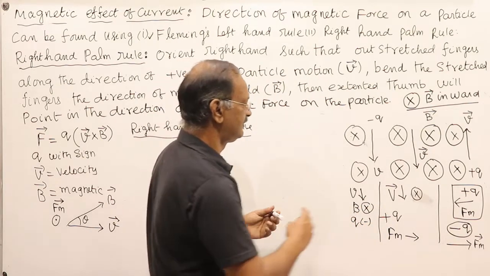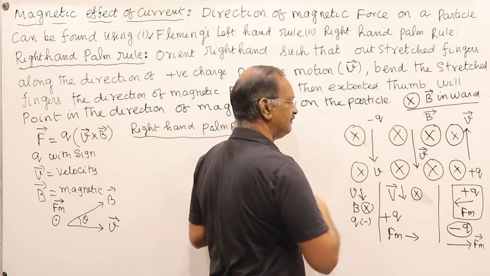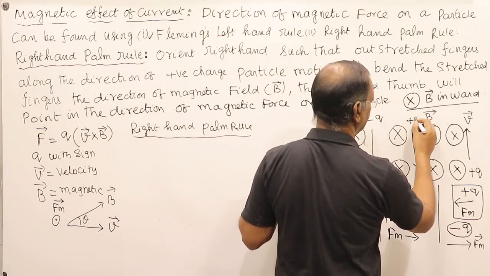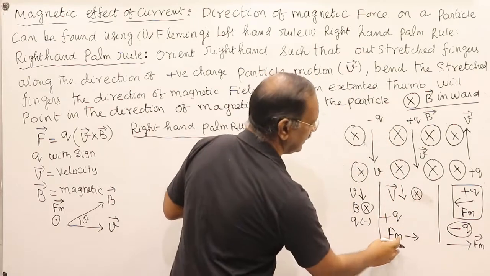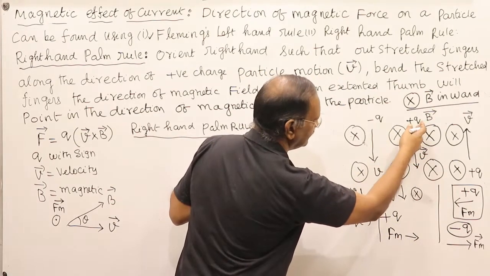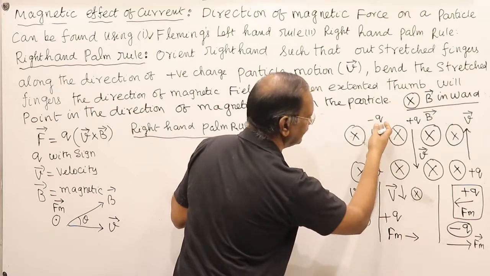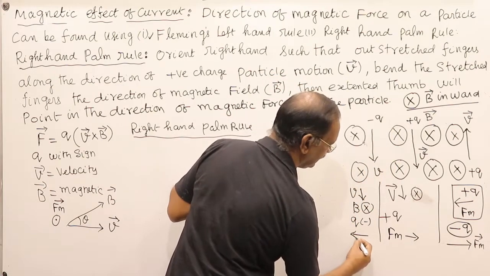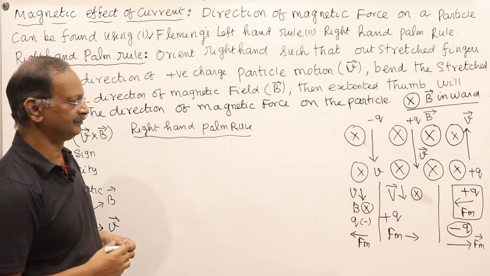So exactly the same condition, but the only thing is here it was positive charge, here negative charge. For the same condition with the positive charge, force is in this direction. For negative charge, force will be in this direction.